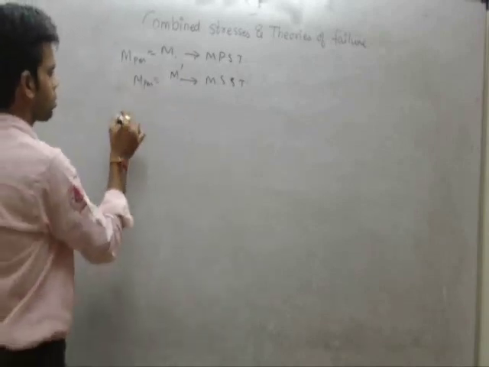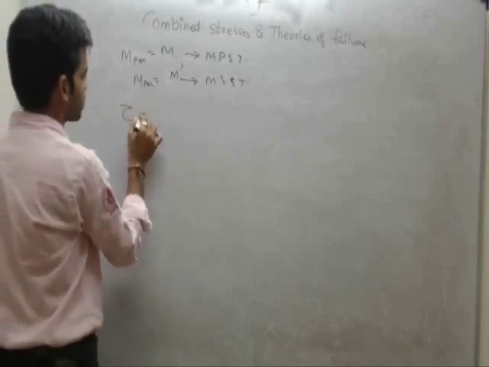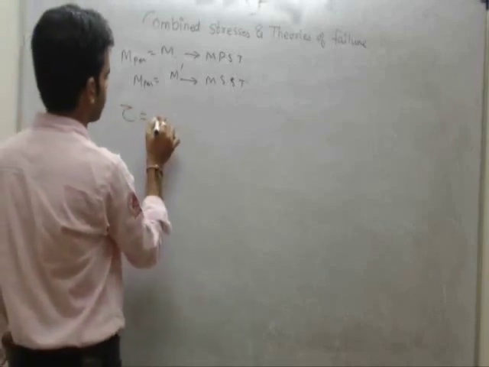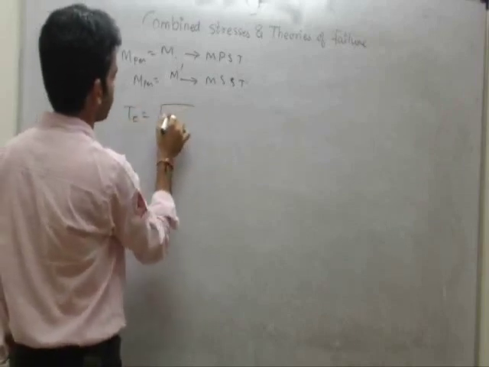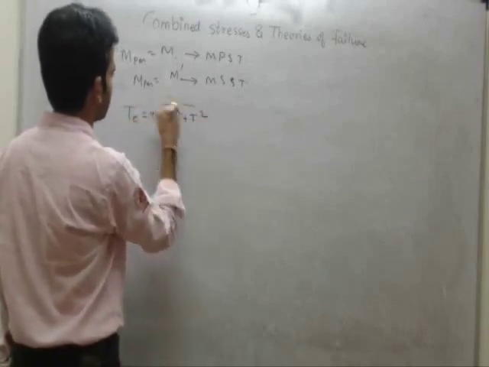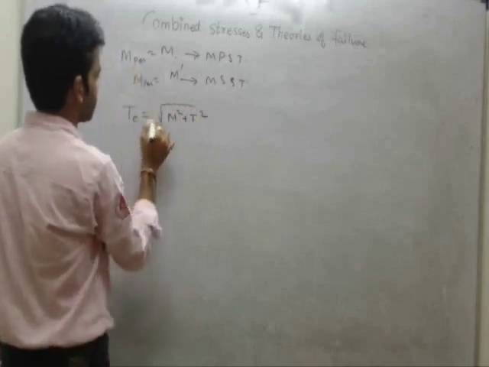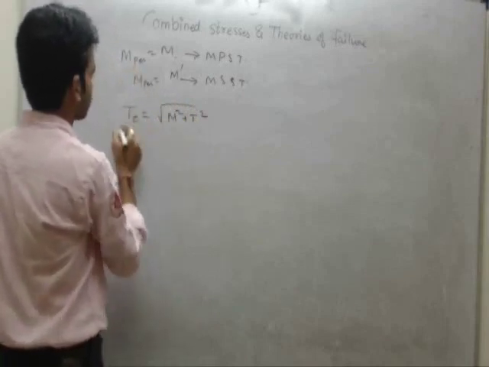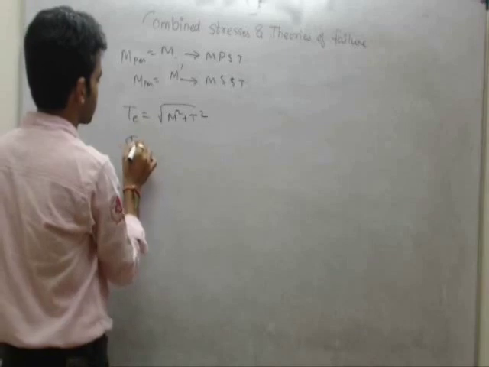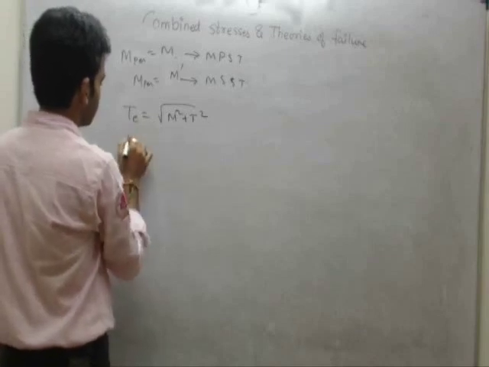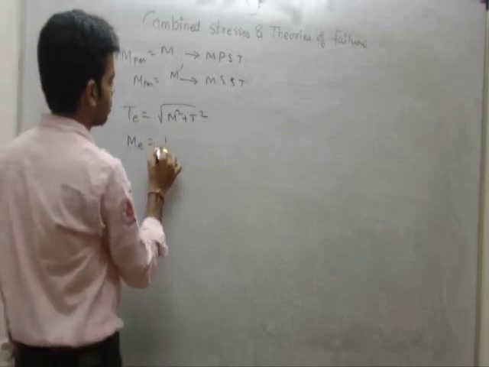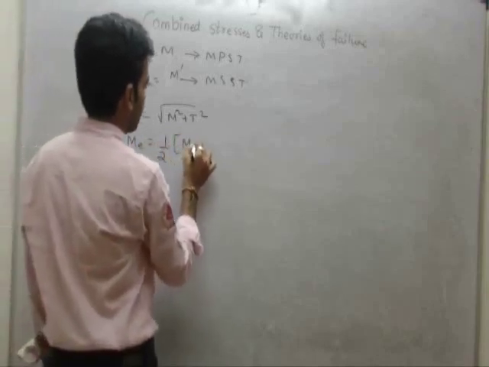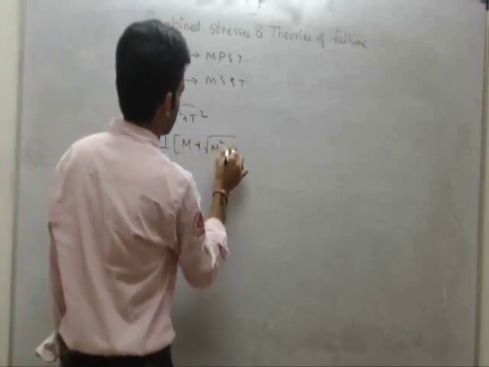So according to maximum shear stress theory, this T equivalent is equal to under root of M square plus T square, and according to maximum principal stress theory, this will be M dash, and this M equivalent will be equal to half of M plus under root of M square plus T square.